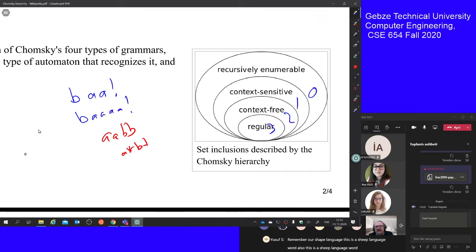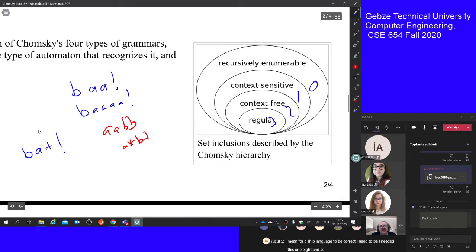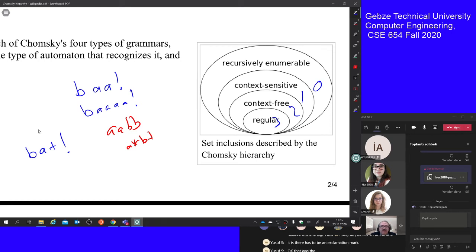I think we did something like this: BA+ and the exclamation mark. For a sheep language word to be correct, I need a B, at least one A, and as many A's as you like, and at the end there has to be an exclamation mark. That was a regular language, and we use those a lot.